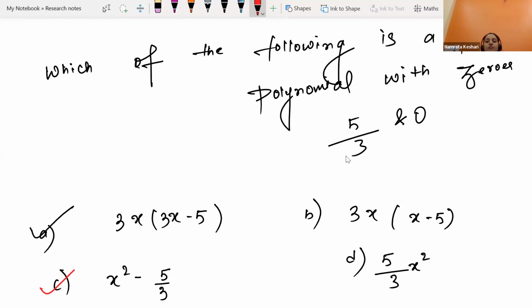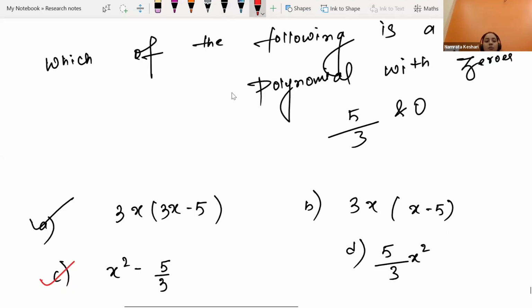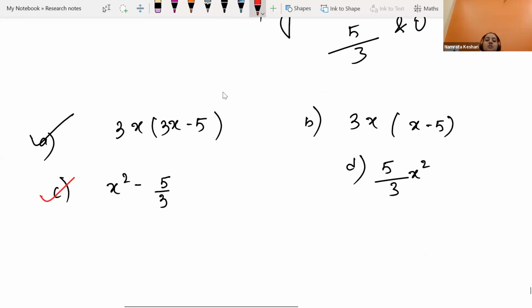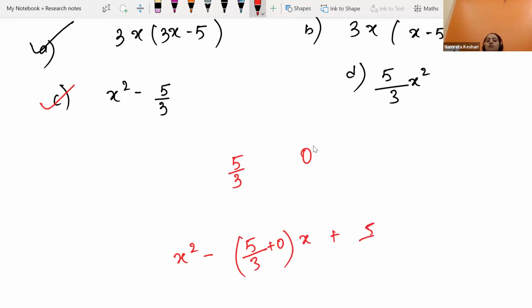Let's check it. 5 by 3 and 0. If we take these two zeros, we'll be able to generate a polynomial. But the question is, in front of that there will be k. I always say that if you know these two zeros, 5 by 3 and 0, you can generate a polynomial that is x squared minus the sum of the zeros into x plus the product of the zeros.